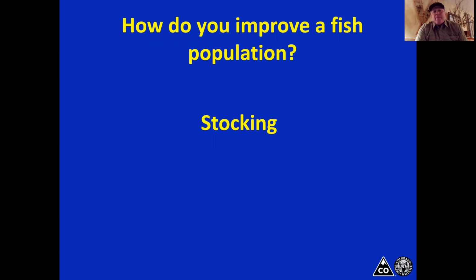We can stock a stream, where we have hatcheries that produce fish, and then we're able to artificially place those fish into the stream and supplement existing populations, or in some cases, start brand new ones, hoping that they will provide recreational benefits, or potentially kickstart a population in an area where habitat conditions were limiting, and now they've been addressed so that fish can live there.